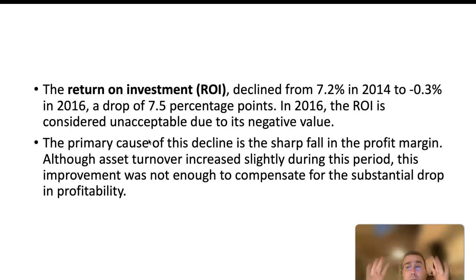And if you remember the DuPont pyramid, profit ratio multiplied by asset turnover gives the return on investment. Although asset turnover increased slightly during this period, the improvement was not enough to compensate for the sustained drop in profitability, because, again, the story is that active sportswear has folded and lost the distribution right for New Balance.